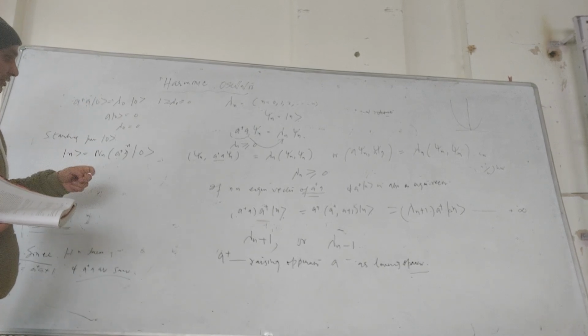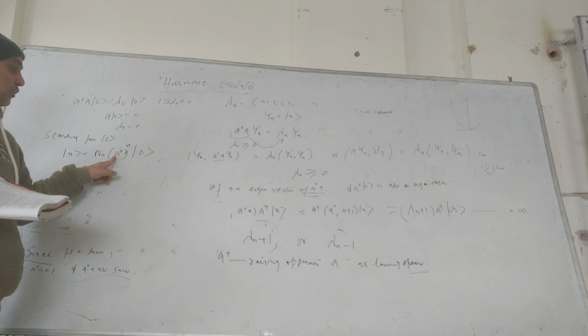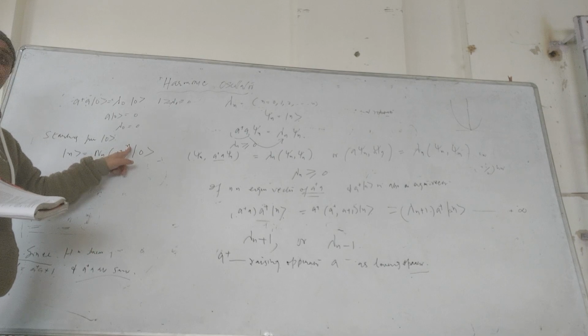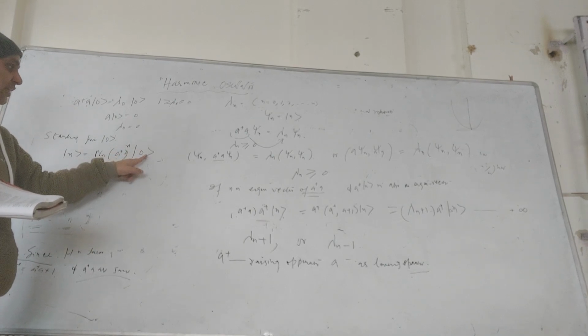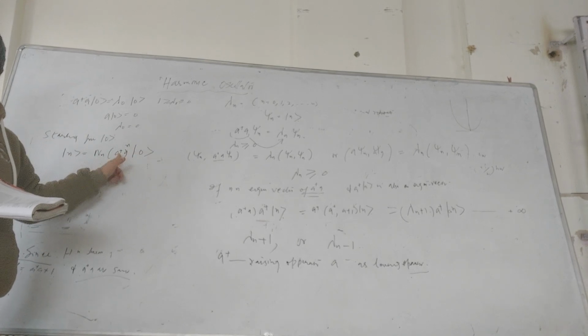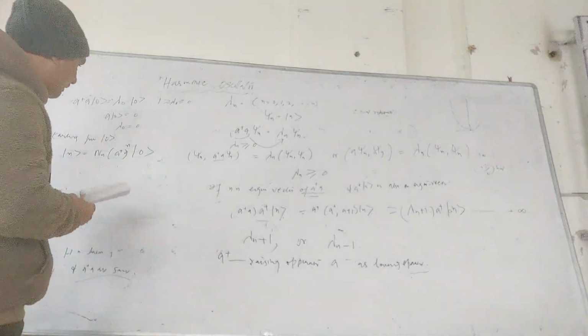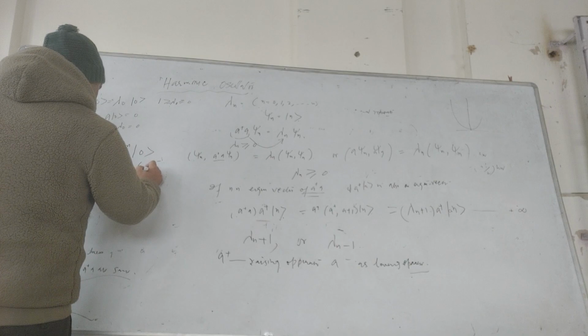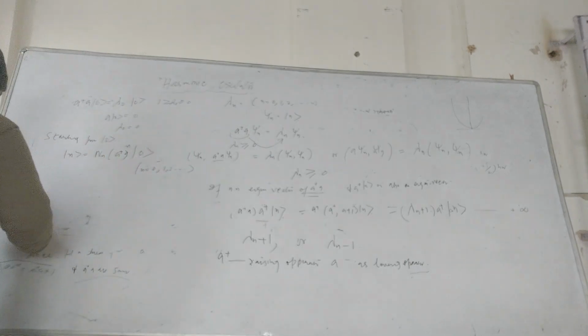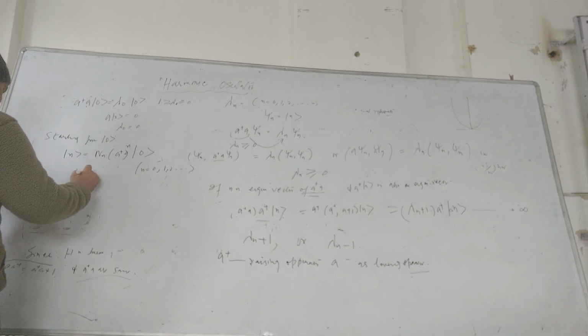Ground state will not give 0, it will give something. So a dagger acting on it gives n plus 1 for 2, n plus 2 for 3, and so on, states 0, 1, 2, and so on and so forth, for lambda equal to n.